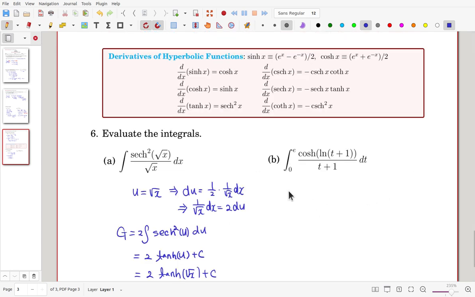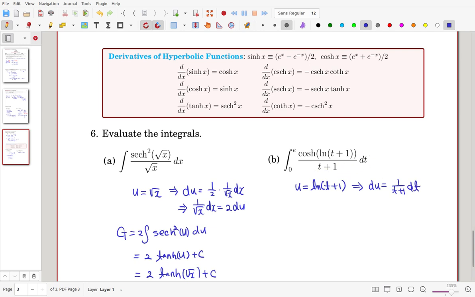Now for this problem, we have cosh of the natural logarithm of t plus 1. Here we may also try to use a change of variable, u substitution. For example, u is the natural logarithm of t plus 1. Then du equals its derivative, which is 1 over t plus 1 dt.